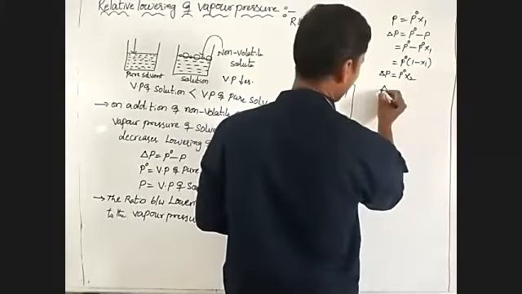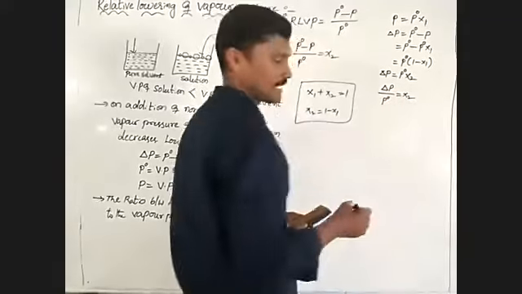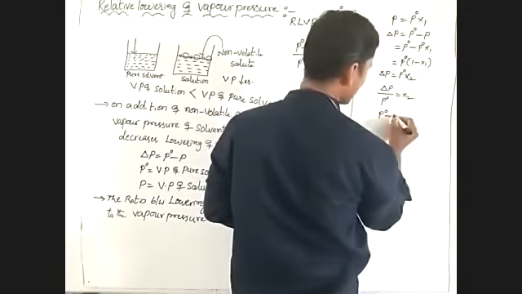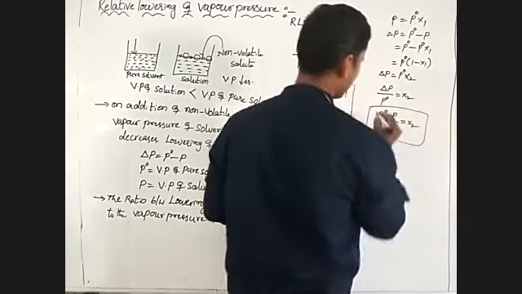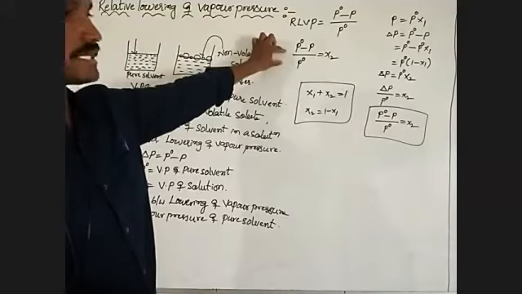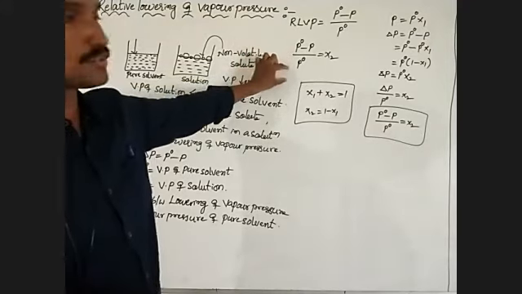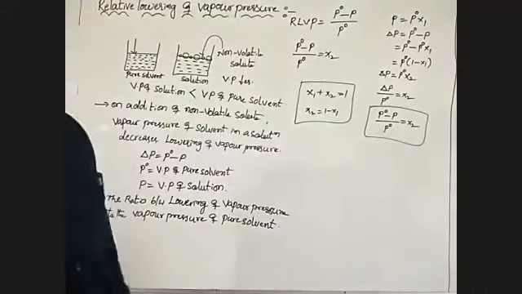That means delta P by P naught is equal to x2. According to Raoult's law for dilute solutions containing non-volatile solute, P naught minus P by P naught is equal to x2.